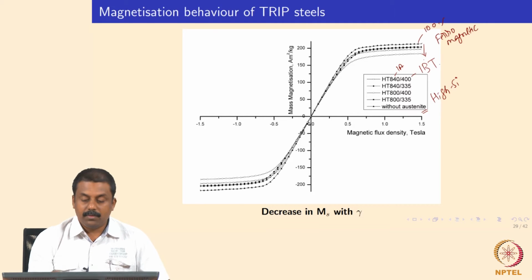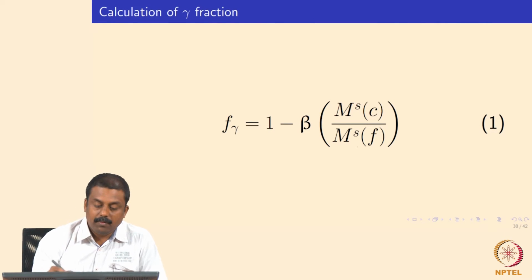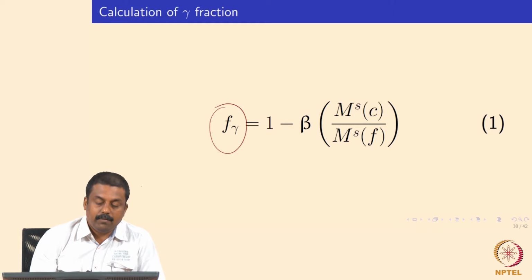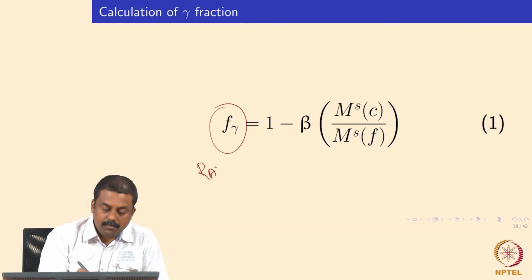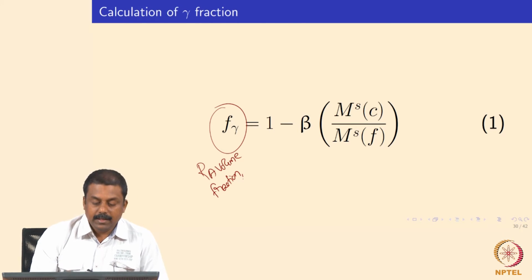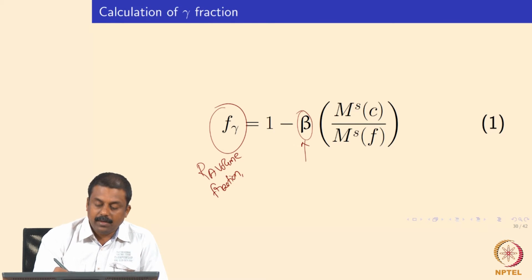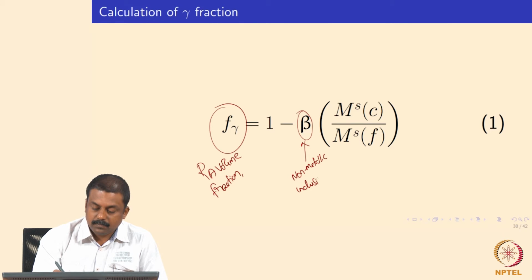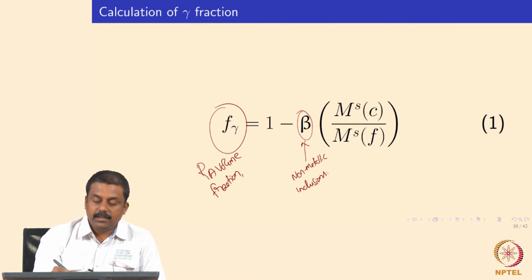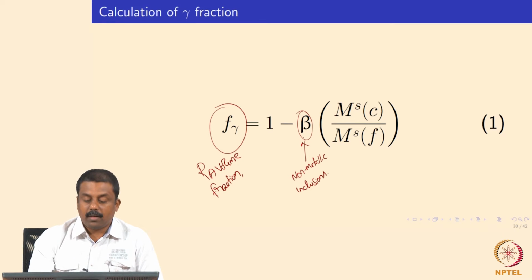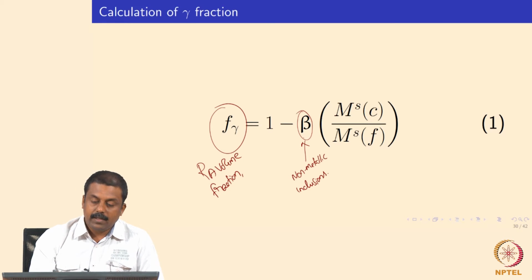Right. So the equation goes like this. The volume fraction of retained austenite, Fγ, is nothing but 1 minus a coefficient, beta, which takes care of the presence of non-metallic inclusions. Generally these non-metallic inclusions can also be paramagnetic.